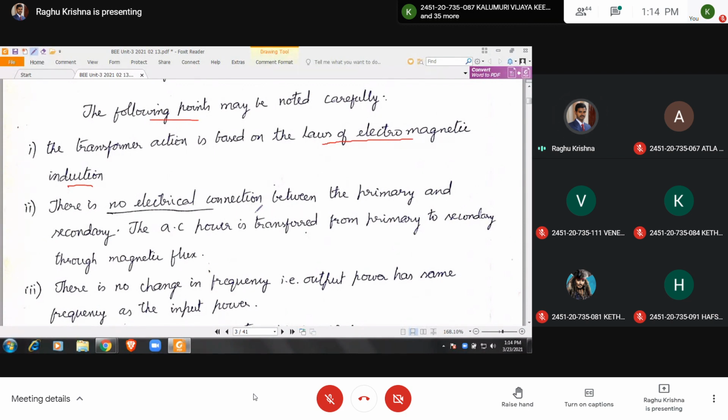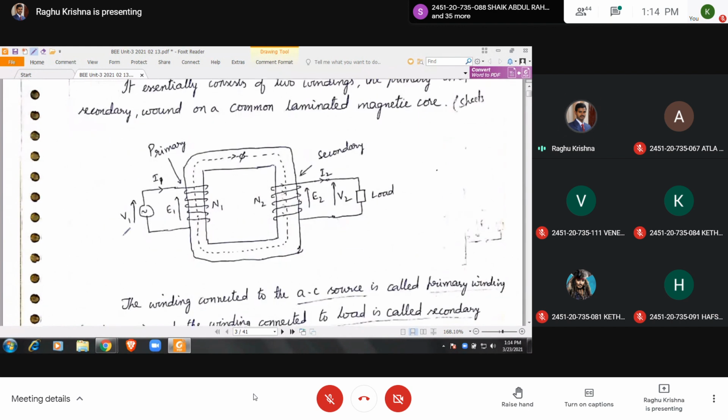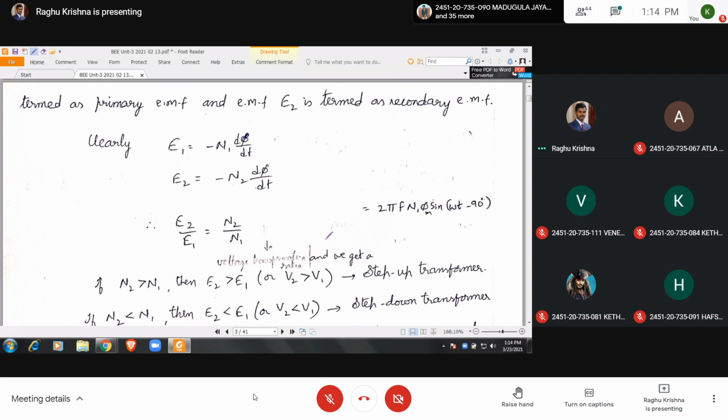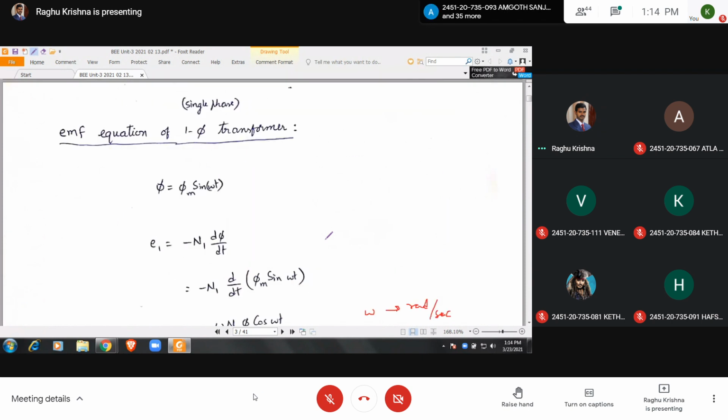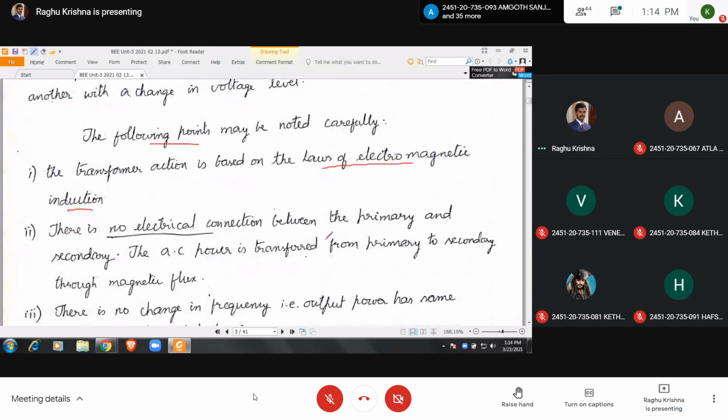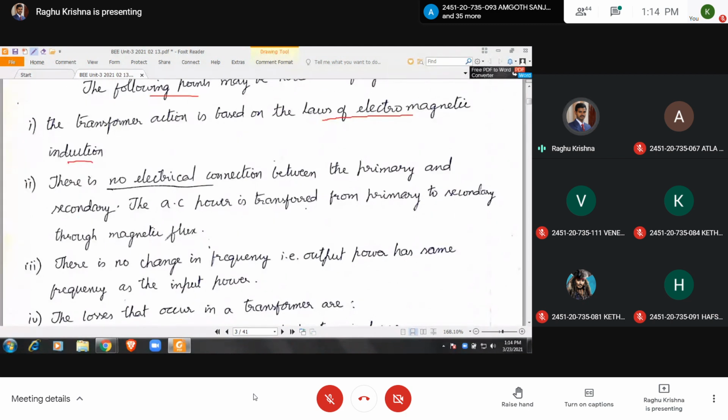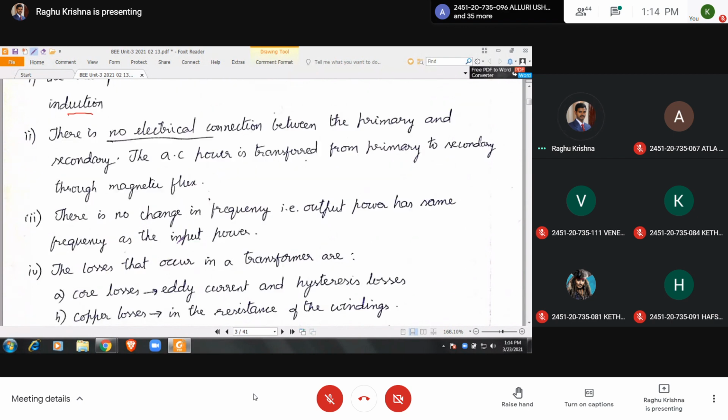So they are magnetically coupled. The AC power is transferred from primary to secondary through magnetic flux. There is no change in frequency, that is, output power has the same frequency as the input power.